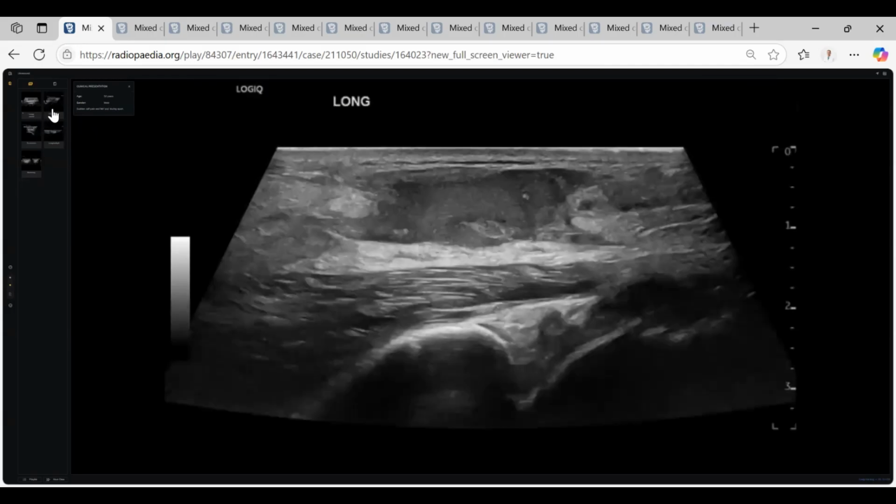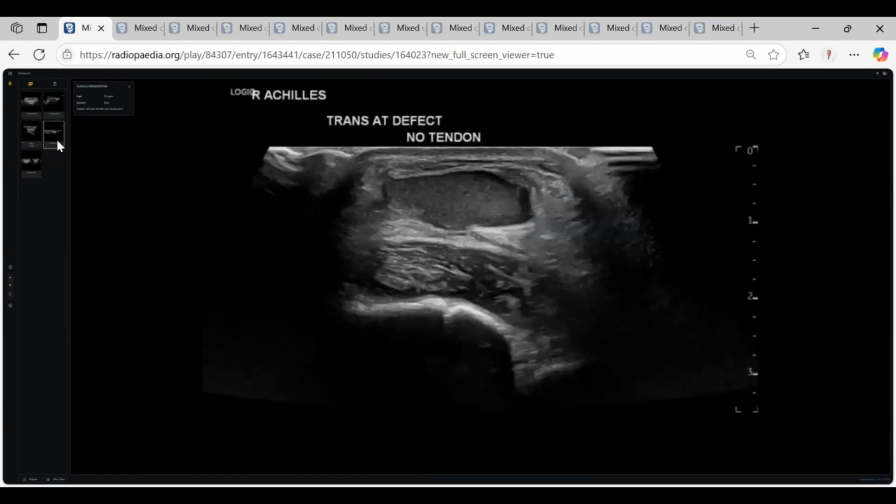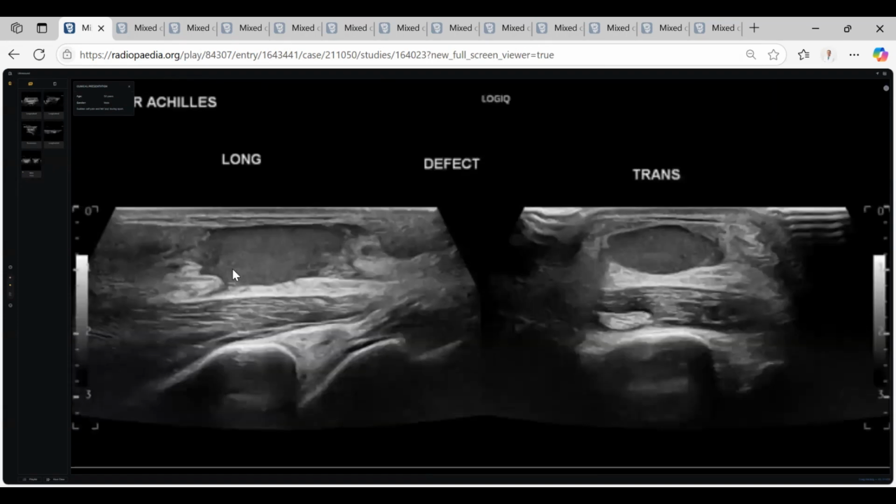Ultrasound grayscale images show discontinuity of the fibers, and also a region of low echogenicity with internal areas of echoes, involving the subcutaneous tissues underneath the skin on the back of the Achilles tendon, and I also suspect some irregularity and a break in the tendon.